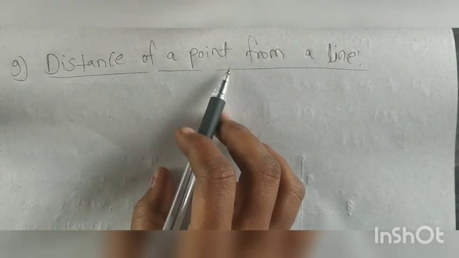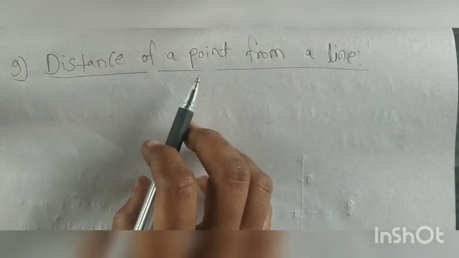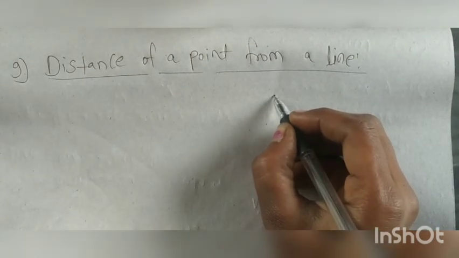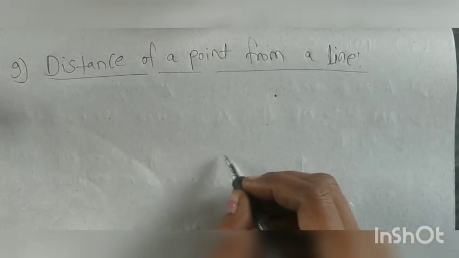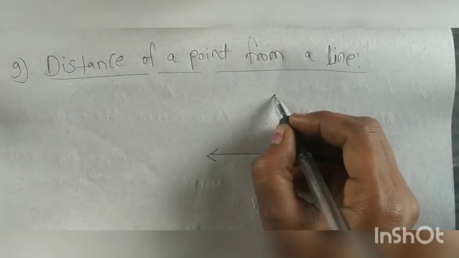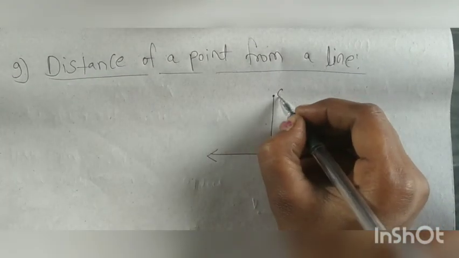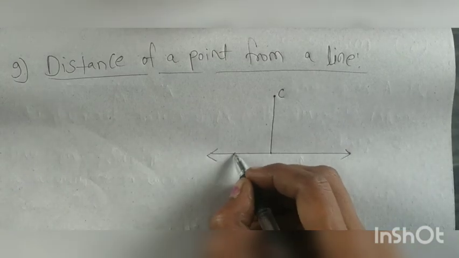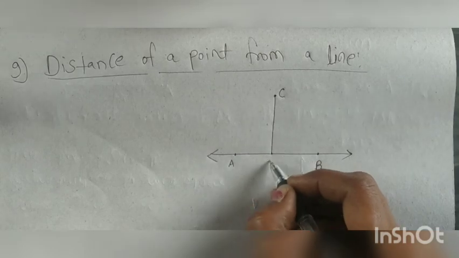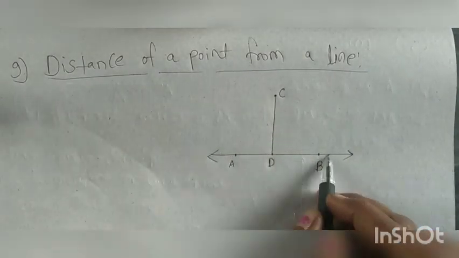Distance of a point from a line. Now see, let's draw the figure. This is a line, our line AB, and taking point C. Point D is here.